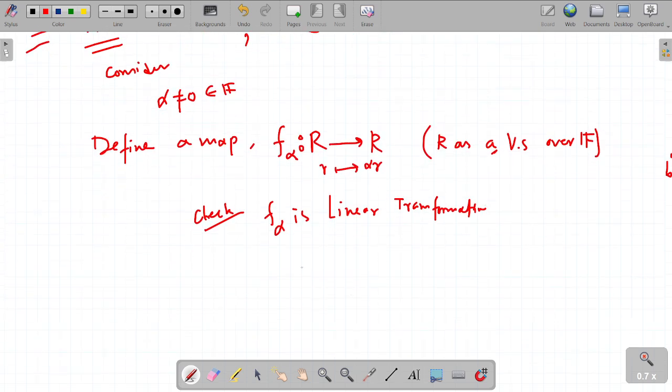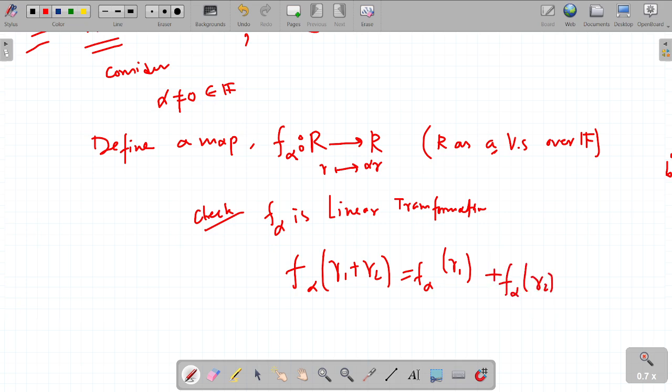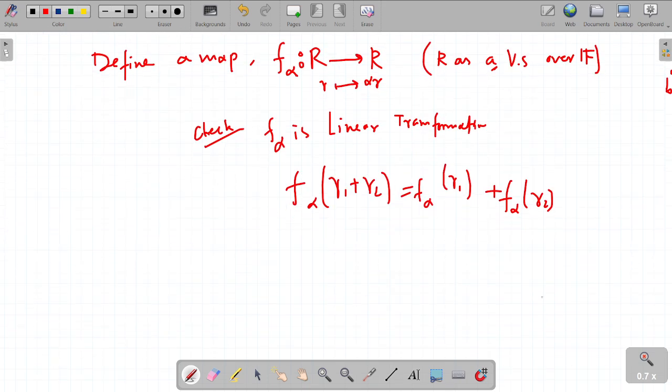Because one can easily see that f alpha of r1 plus r2 equals f alpha of r1 plus f alpha of r2, and also f alpha of c times r equals c times f alpha of r.